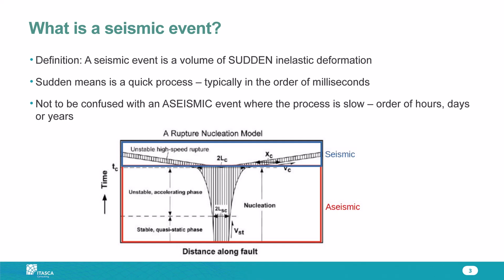This is not to be confused with an aseismic process. And the reason why it's important to understand the difference between seismic and aseismic is that when we run a flat 3D model, the majority of the plasticity or the inelastic deformation in our model is aseismic. When we apply strong damping to our models, we basically lose the concept of time.